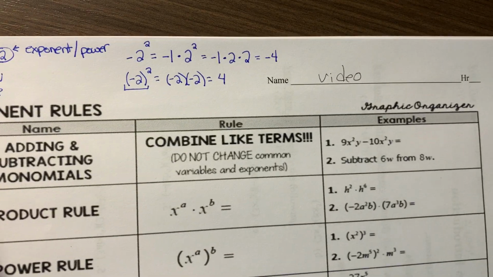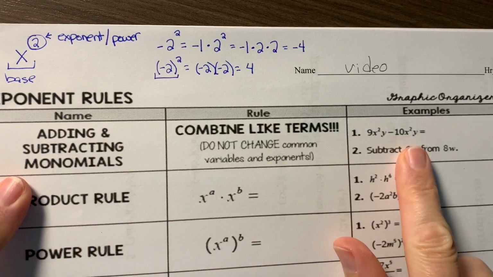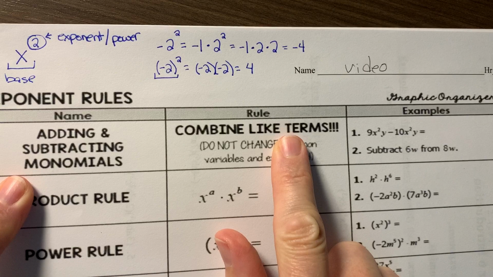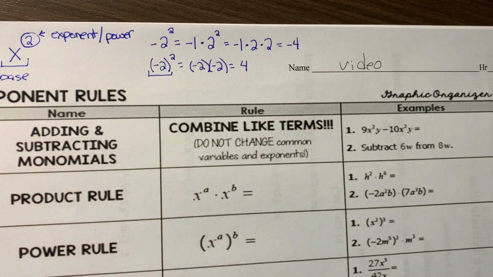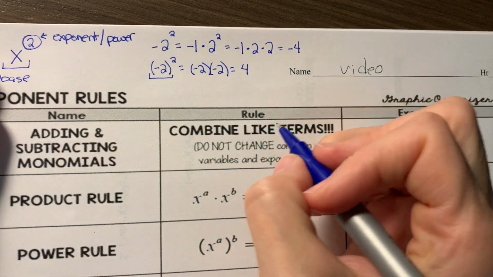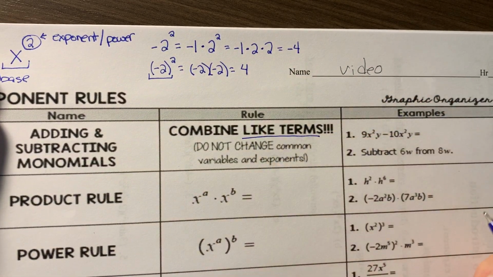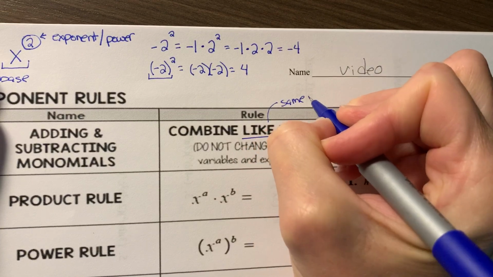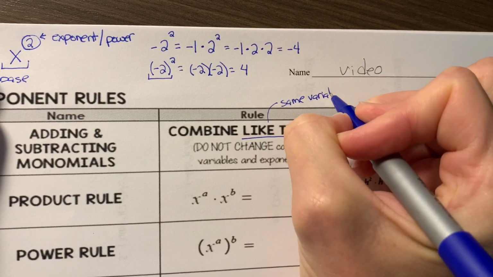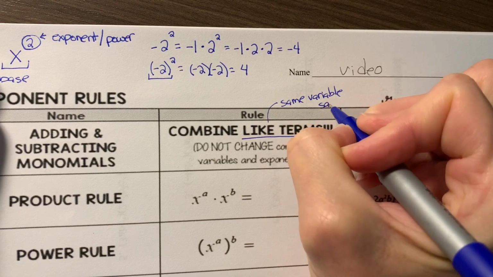All right, now let's look at these. This is just a little review talking about adding and subtracting monomials. And what you're doing is you're combining like terms. So let's just recall what like terms mean. Like terms have the same variable and the same power.